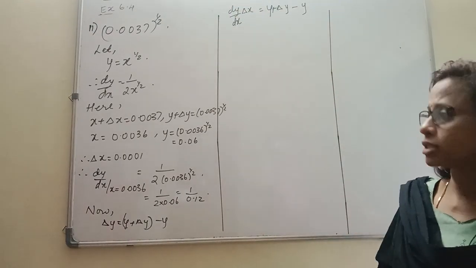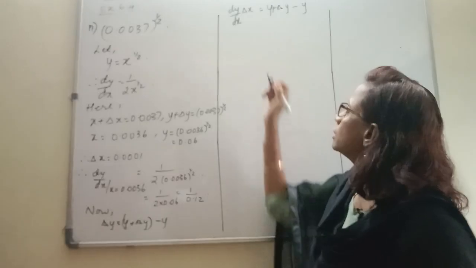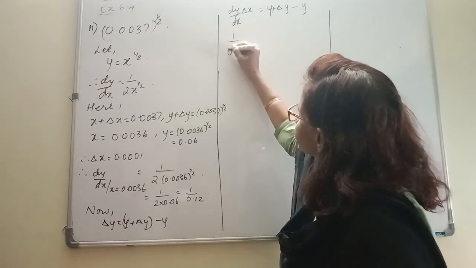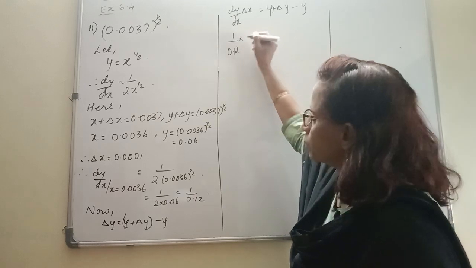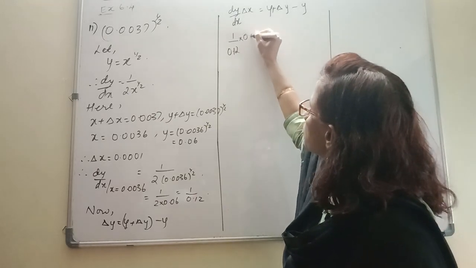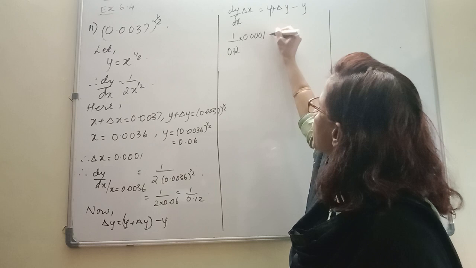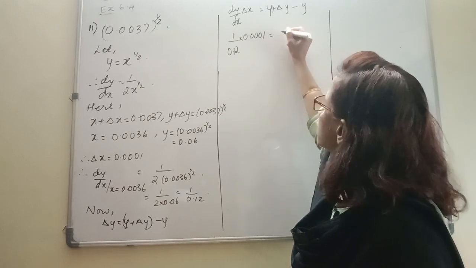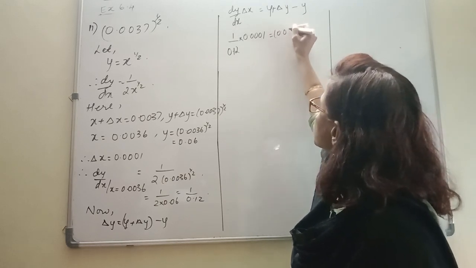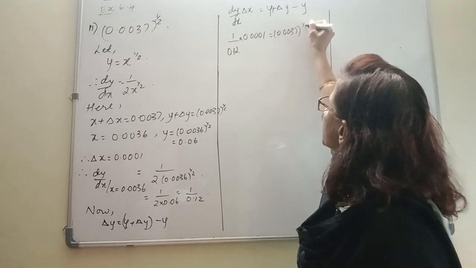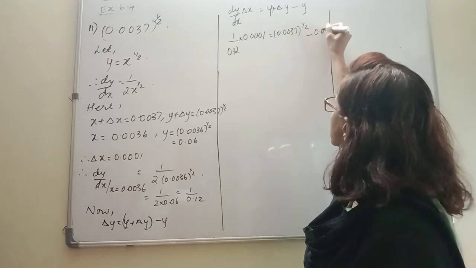So we are going to substitute. dy by dx is 1 by 0.12, delta x is 0.0001, y plus delta y is 0.0037 raised to half, and y is 0.06.